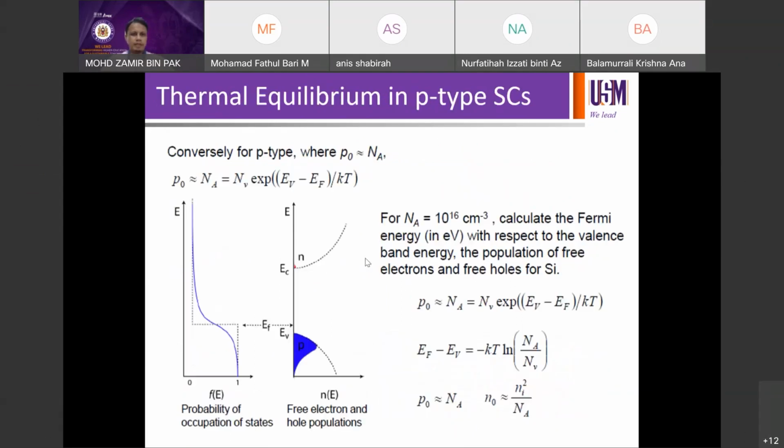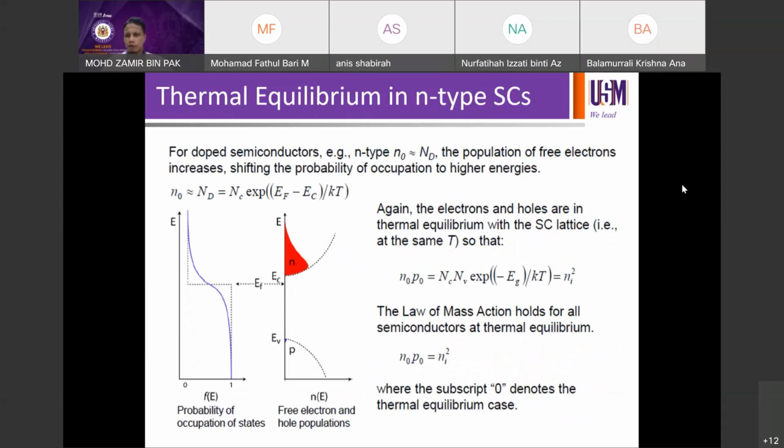Right, yesterday we started discussing the concept of generation and recombination. Generation is basically the process where we generate carriers, or if you want to sketch the process in terms of the Venn diagram, that means excitation of carriers from the valence band into the conduction band.